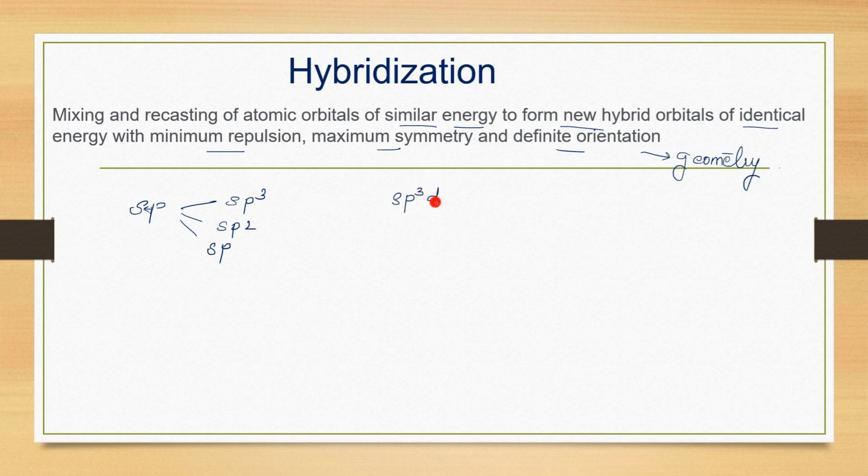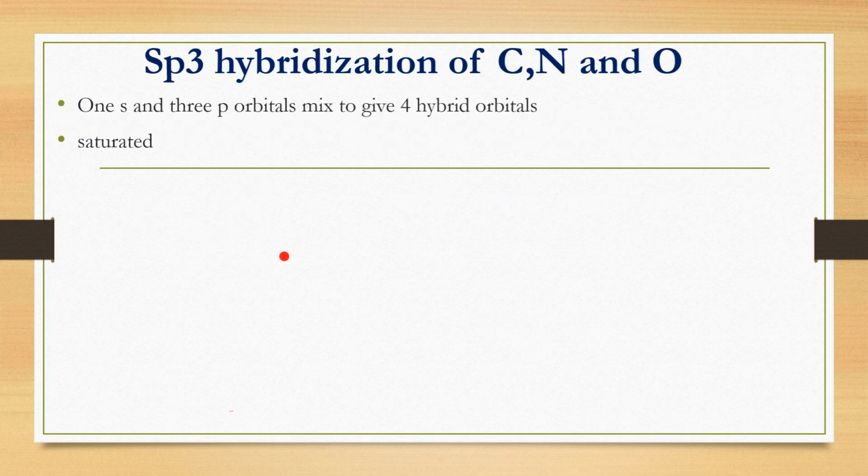sp3d2, sp3d, dsp2 hybridization. Okay, as the atomic number goes on increasing, different hybridizations are also possible. So today we are going to study only about sp3 hybridization, and in this we are going to study hybridization of carbon, nitrogen, and oxygen.